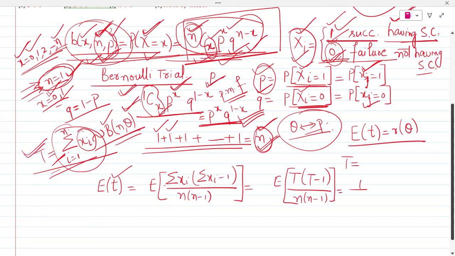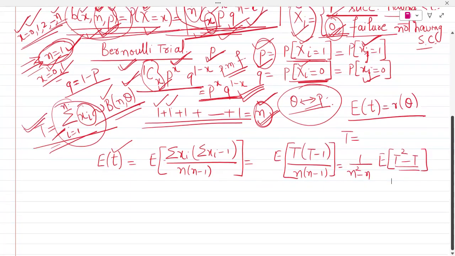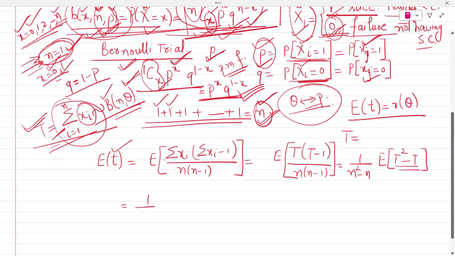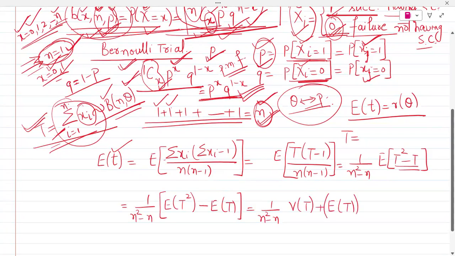So now this is actually n squared minus n, and expected value of T squared minus T. By the linearity of E, this is equal to this.